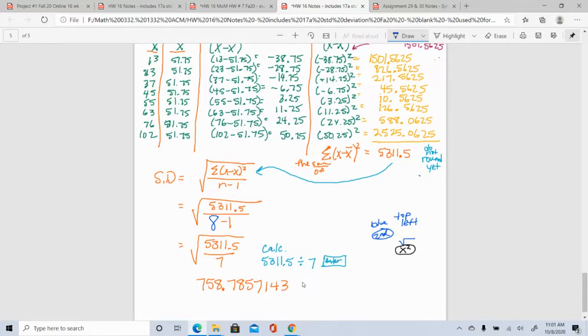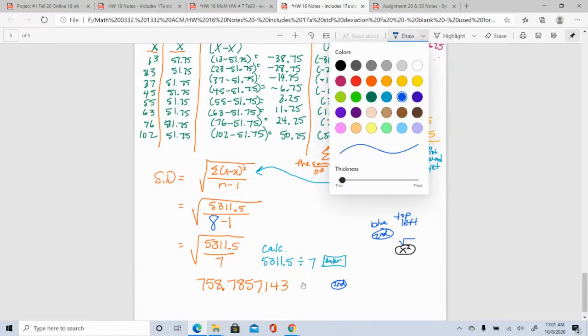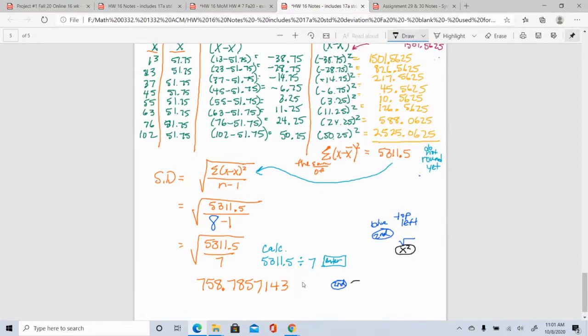So really what you could do, I mean, you could do this. You could do this and get the 758.785713, and then you could go ahead and do your second button, and then hit your x squared. If you know how to do the answer thing, you do that.